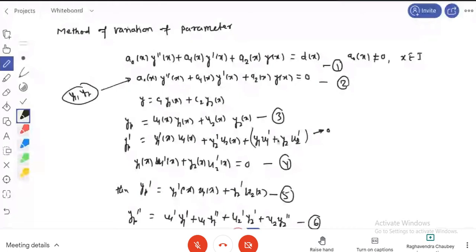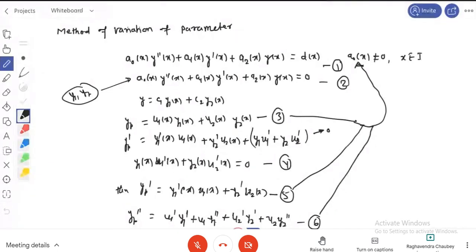Now if you substitute equations number 3, 5 and 6 in your main equation, with y'' here, y' here, and y, you get the result, and the result is on the next page.